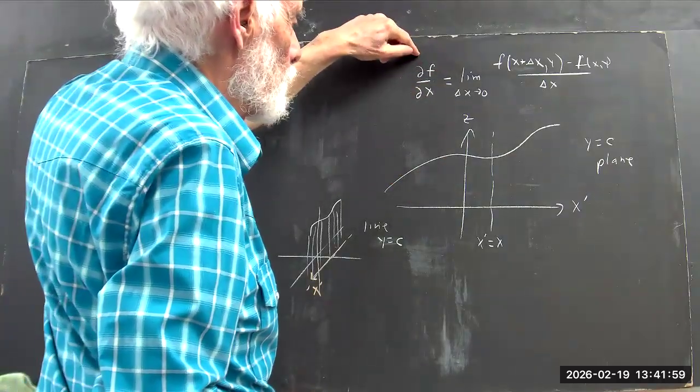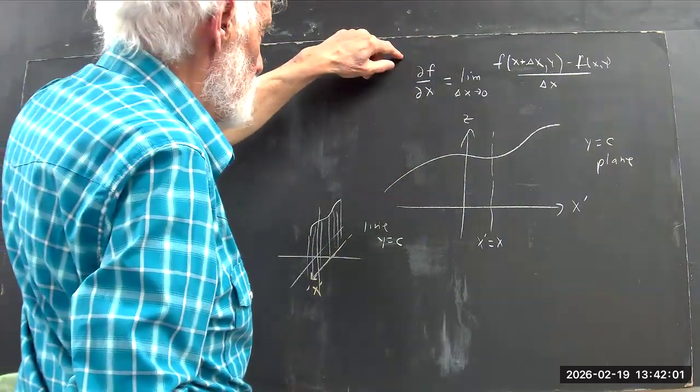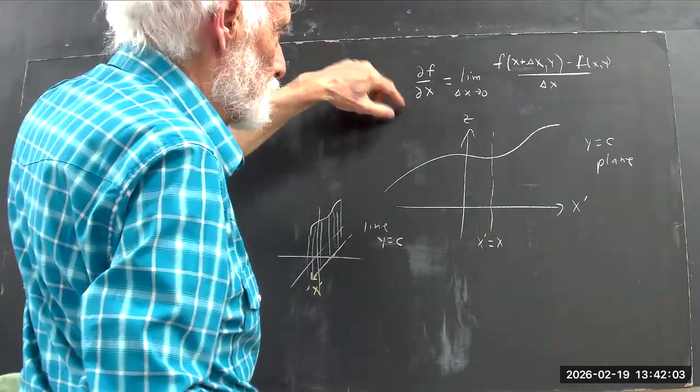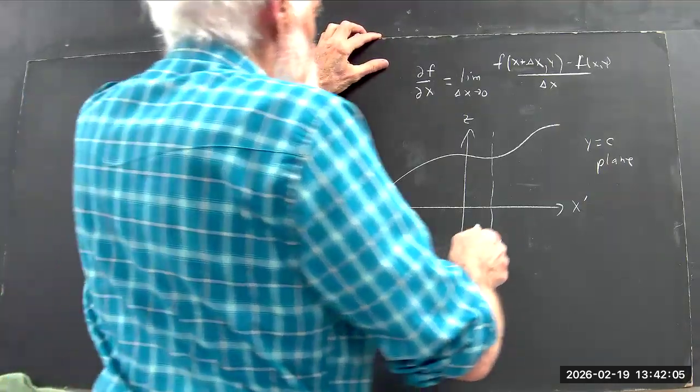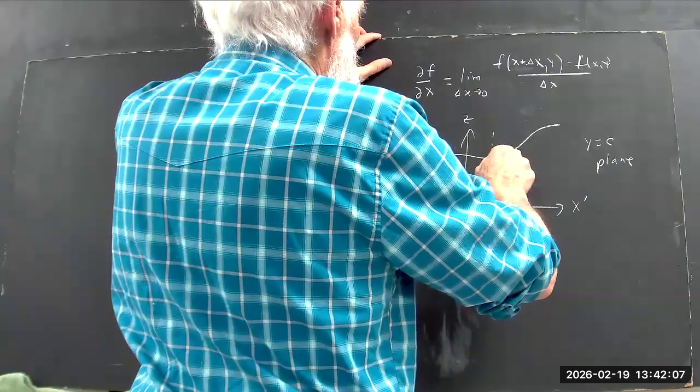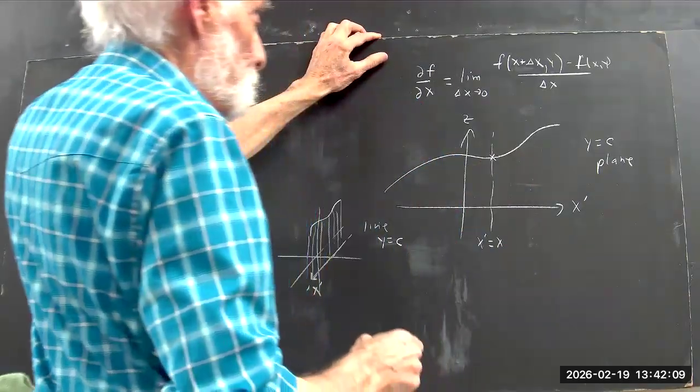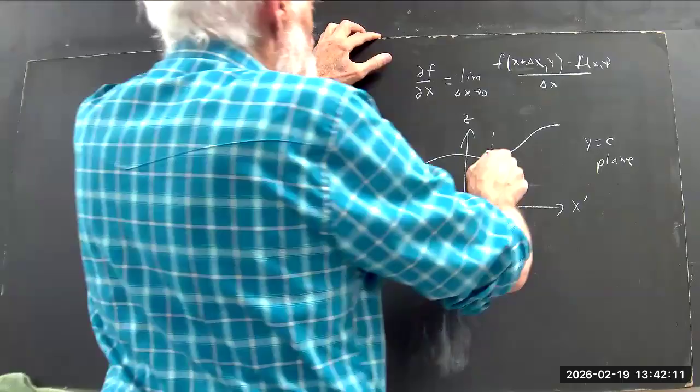If we want the partial derivative of f with respect to x, we're going to take this point.